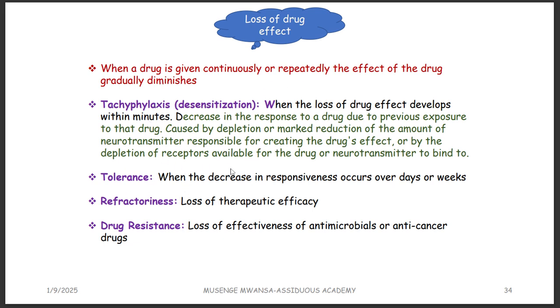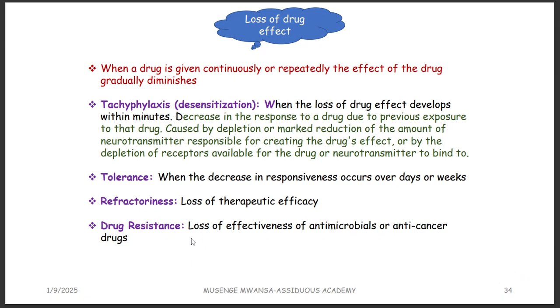Tolerance is when the decrease in responsiveness occurs not within minutes but over days or weeks. Refractoriness is the loss of therapeutic efficacy. Remember, therapeutic efficacy is producing the maximum effect. So when you give a drug, maybe it can make you feel better, but not to the maximum point. You take a drug and say, okay, I feel better than I was feeling, but you are still not well. That is refractoriness.